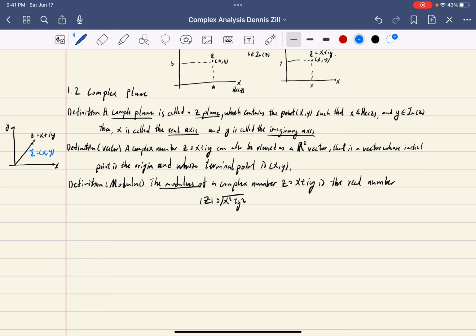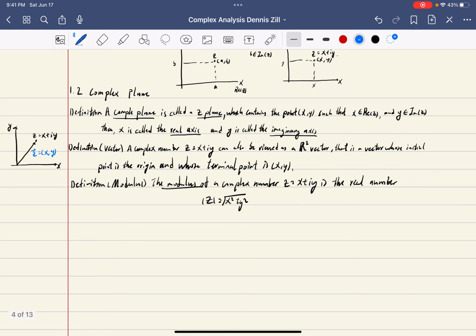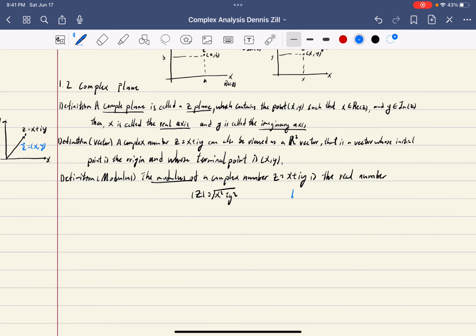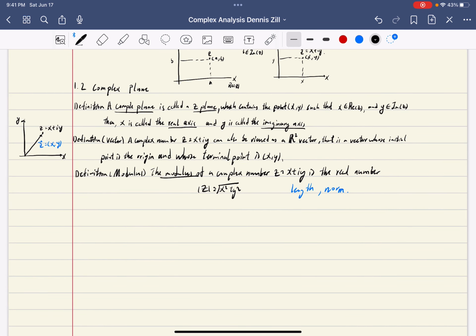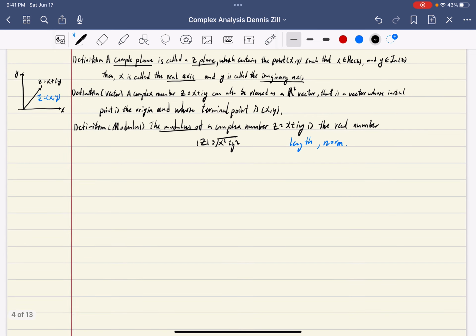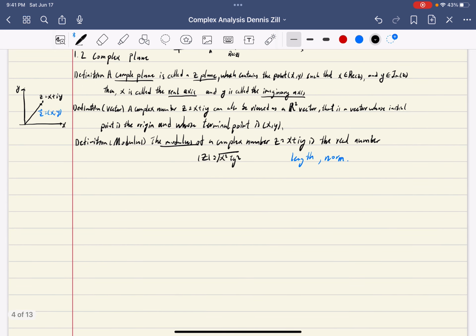Well, that is really the length, right? In linear algebra, they call it norm. A norm of a vector, right? The length of z, the length of this number, right?